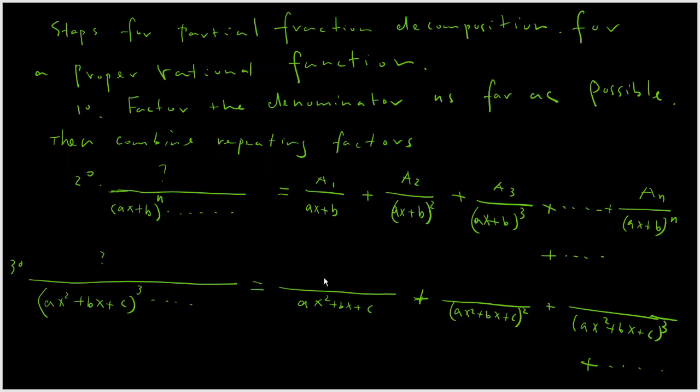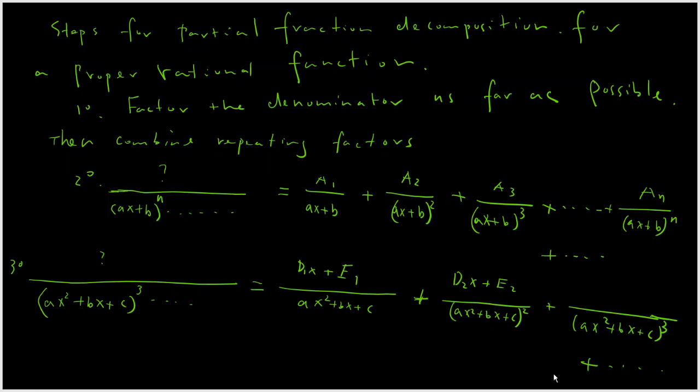Now remember the numerators. The form of the numerators is different. So this time, if the denominator is an irreducible quadratic factor to some power, then the numerator must be a linear function. For the first term, I'll say d1x plus e1. For the second term, I'll say d2x plus e2. d1, e1, d2, e2 are also numbers.